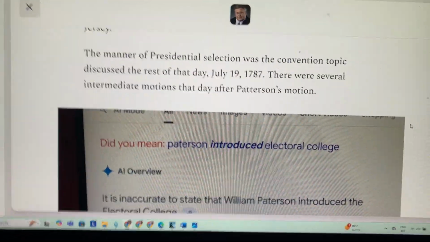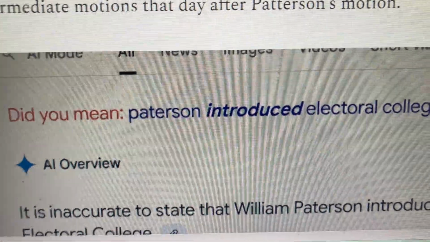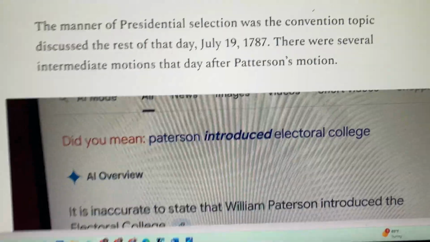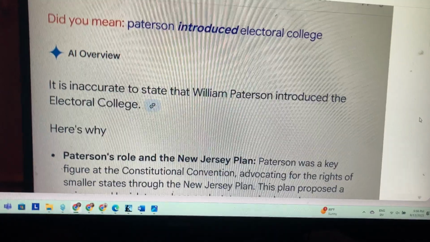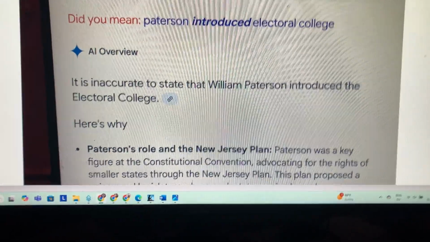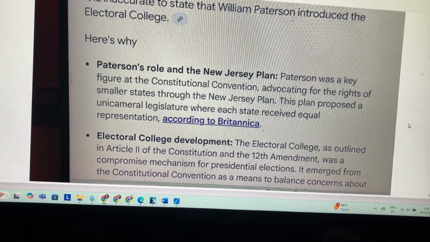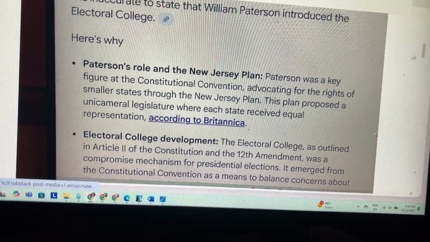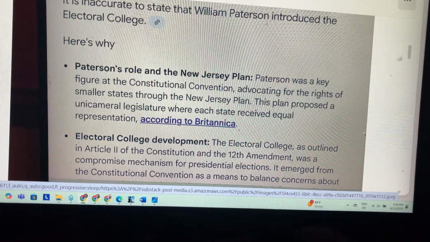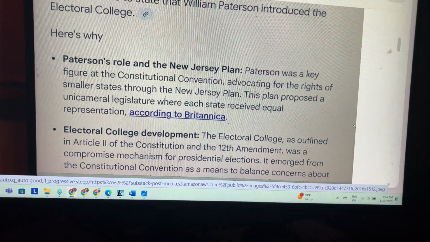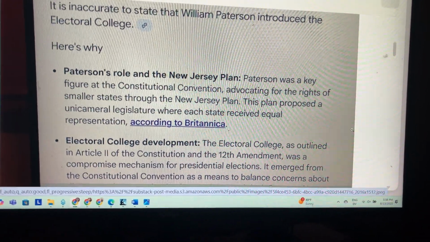So here's the Google AI. It claims, inaccurately, that William Paterson introduced the Electoral College. Then the Google AI starts talking about irrelevancies. He didn't first introduce the Electoral College in the New Jersey plan.